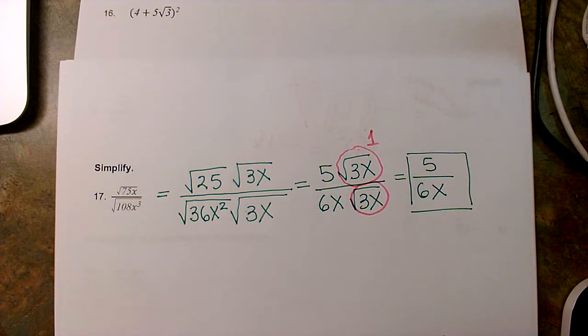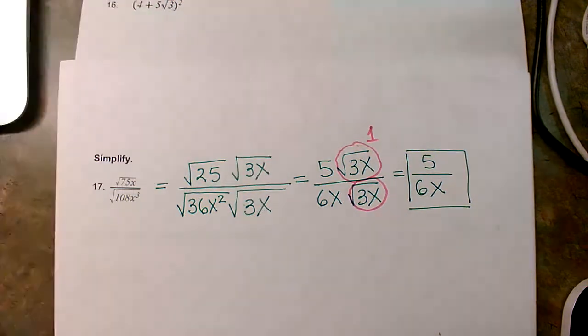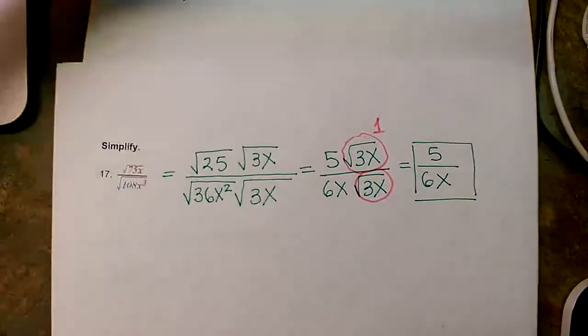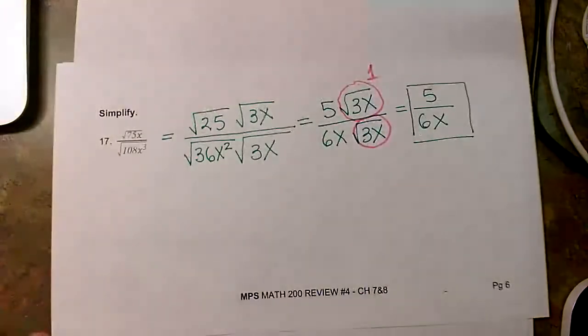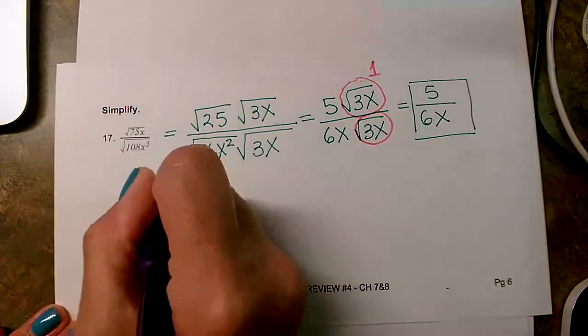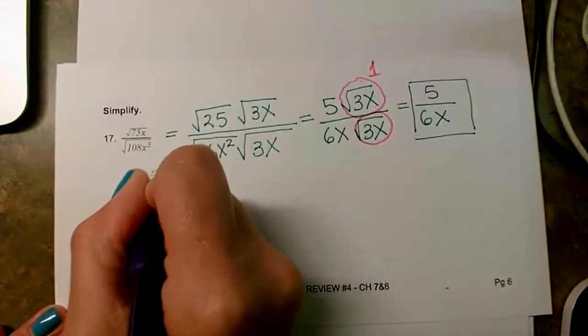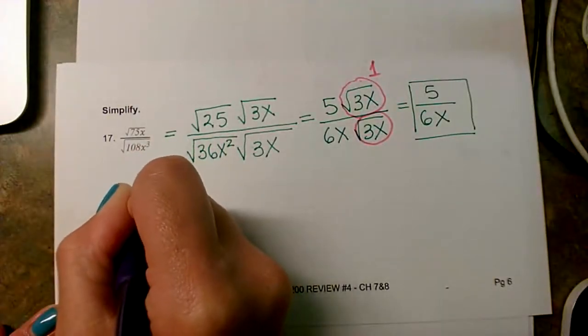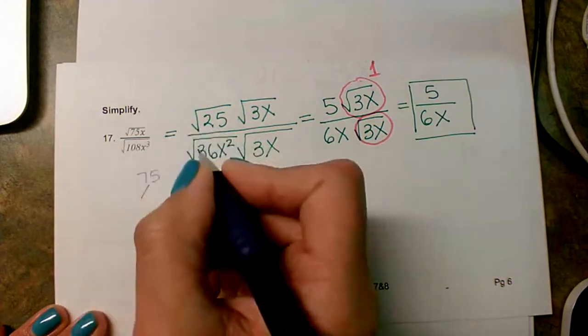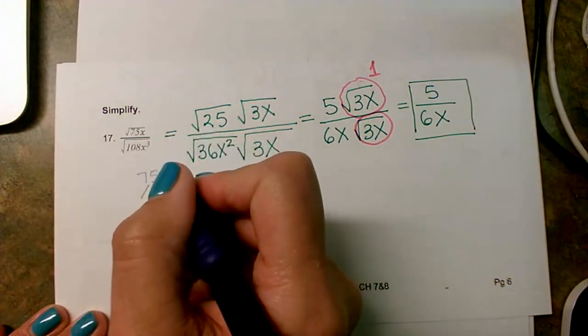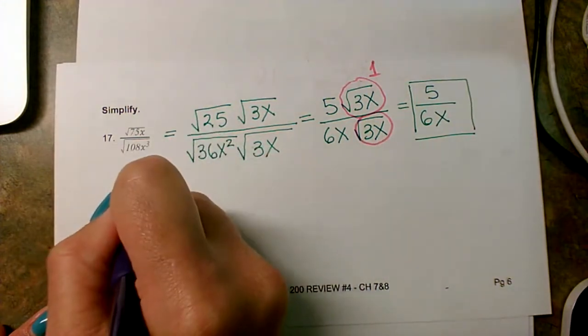One way to find it is the 3 divided by what? By 5, right?